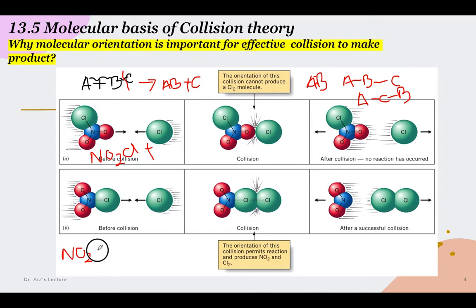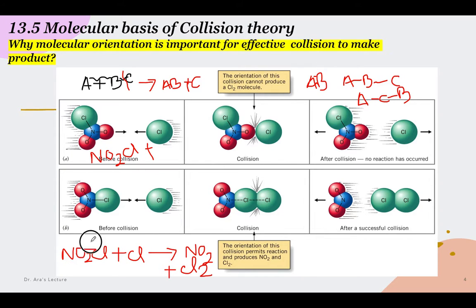NO2Cl plus Cl. The product is supposed to be nitrogen dioxide plus chlorine. So before collision, what should happen?